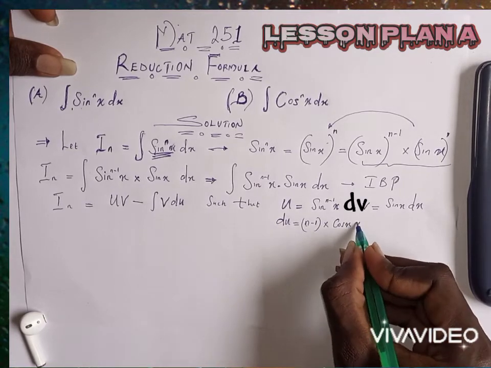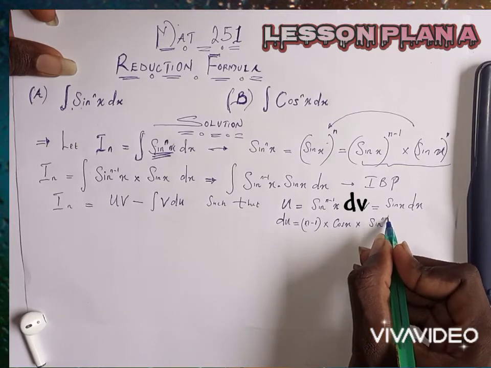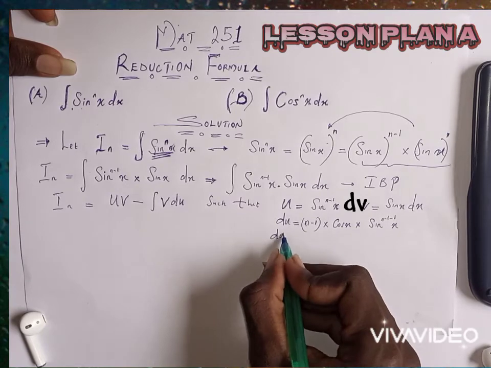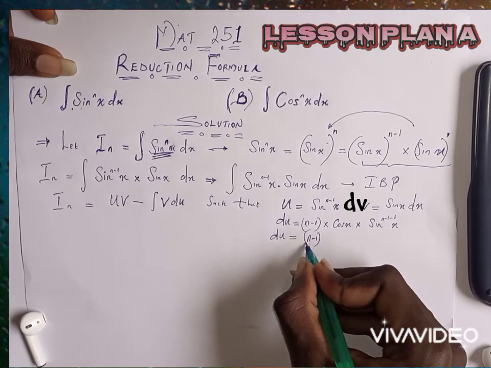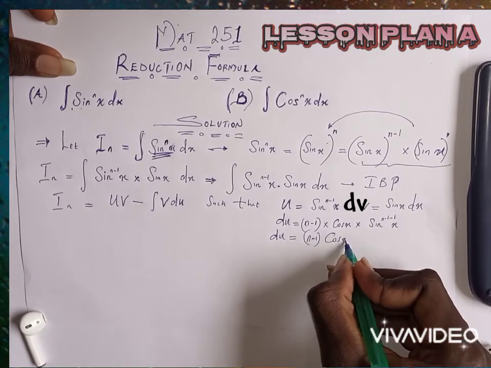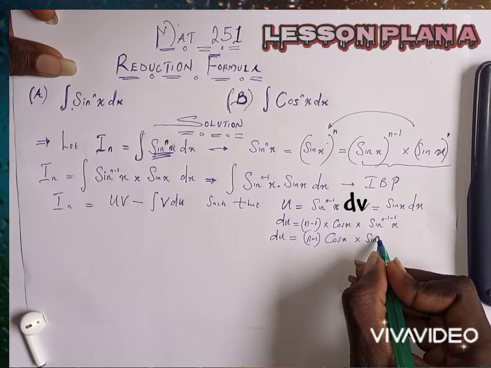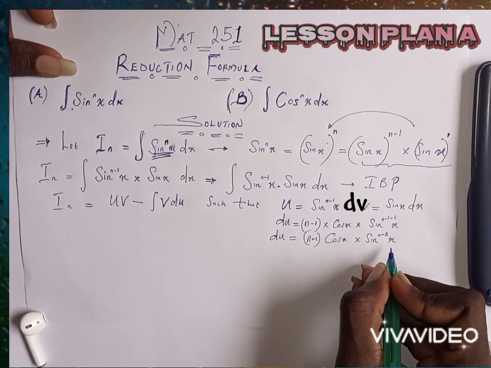And at the same time, times, repeat everything back, this sin^(n-1) x, but on one condition, you have to subtract 1 from the power. So that's the pattern for it. Hence du gives (n-1) cos x times sin^(n-2) x. So this is how it works.